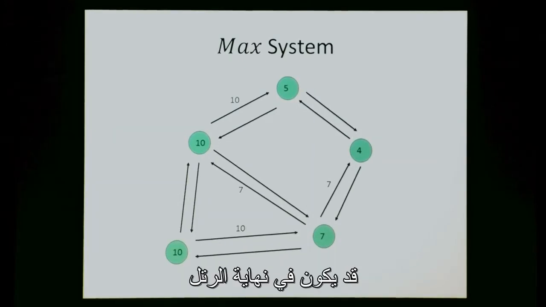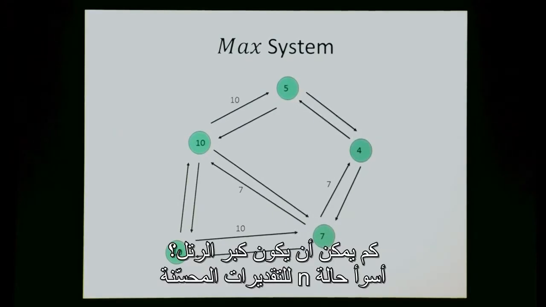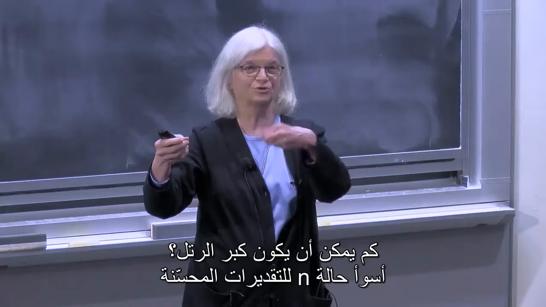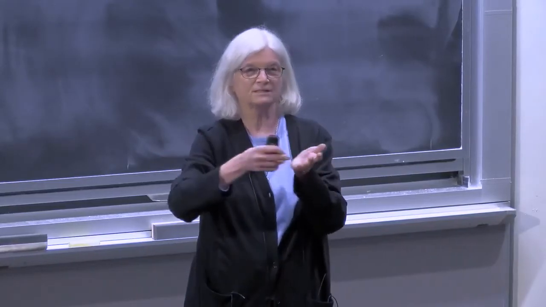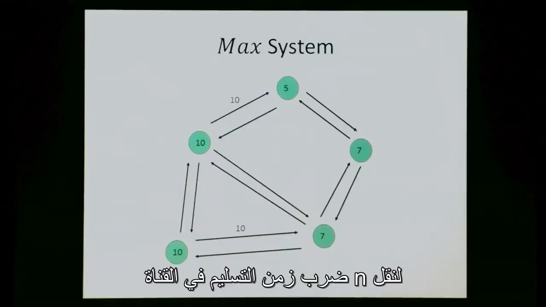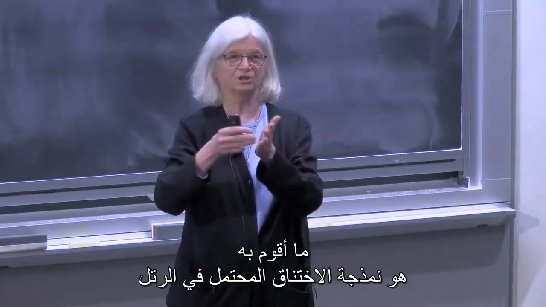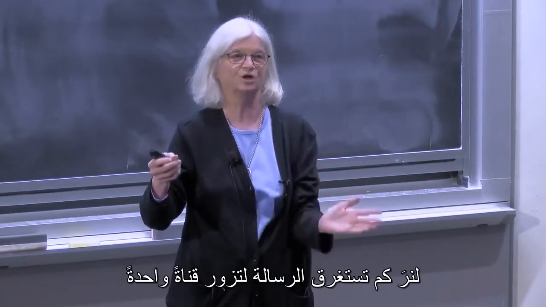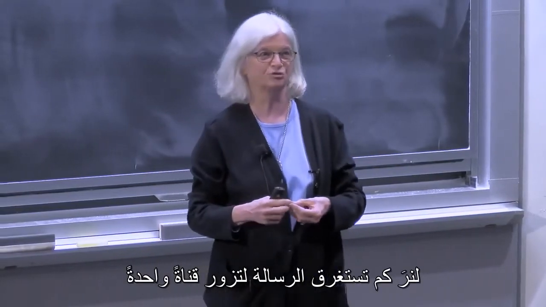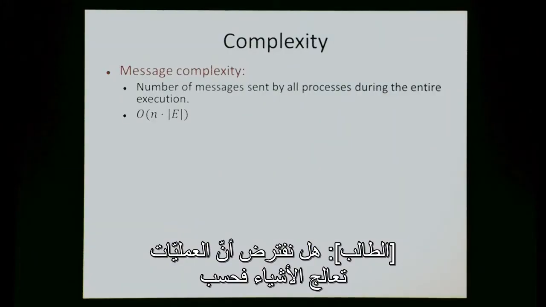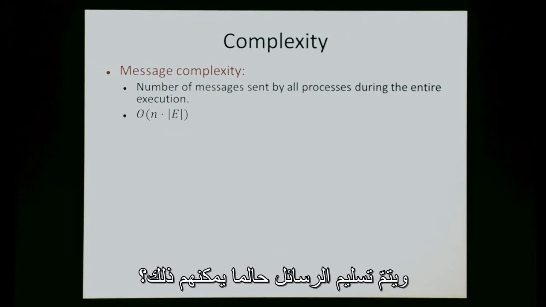Well, it might be at the end of a queue. How big could the queue be? Well, at worst, n for the improved estimates. So let's say it's n times the delivery time on the channel just to traverse one channel. What I'm doing is modeling possible congestion on the queue to see how long it takes for a message to traverse one channel.